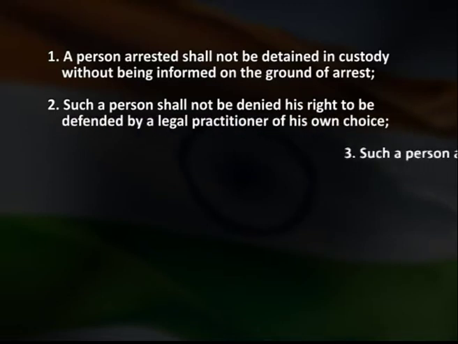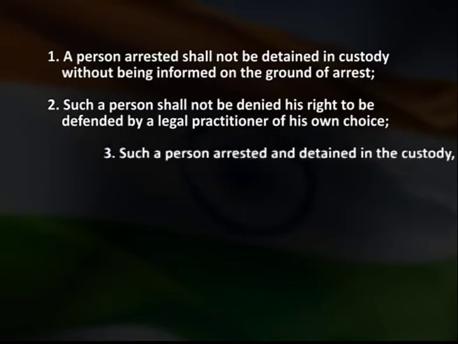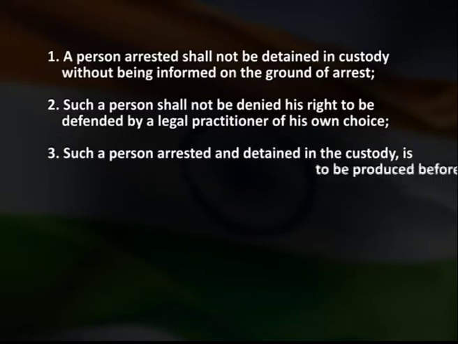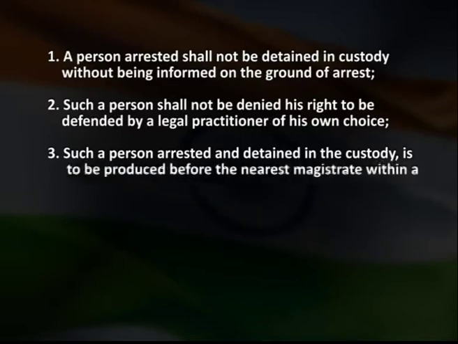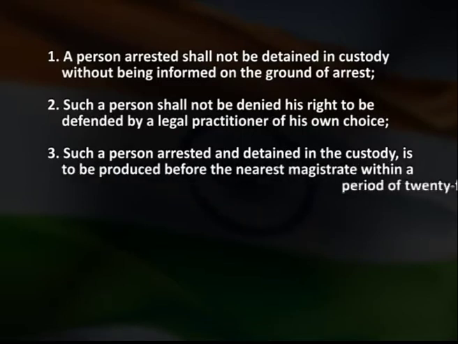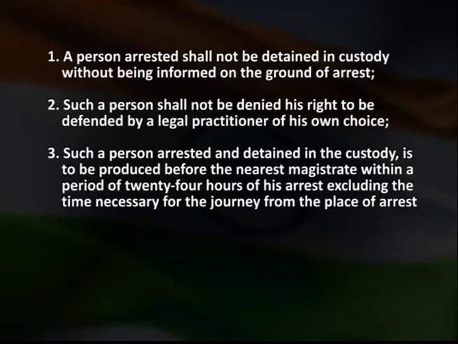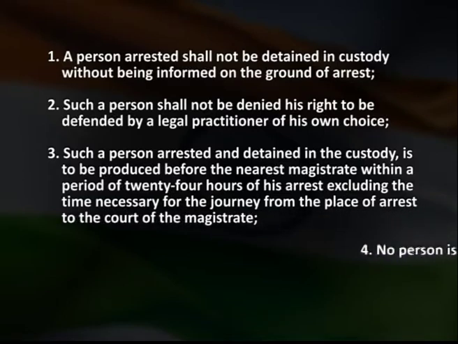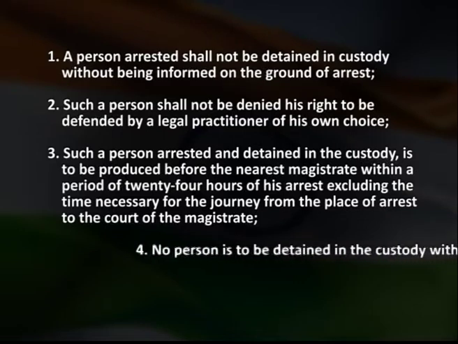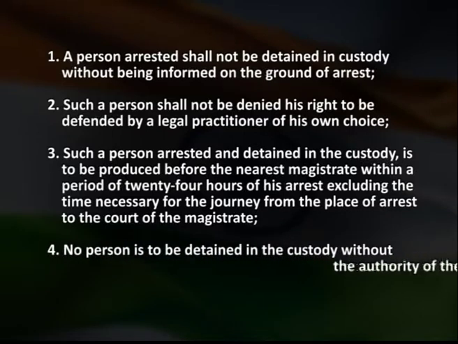Thirdly, such a person arrested and detained in custody is to be produced before the nearest magistrate within a period of 24 hours of his arrest, excluding the time necessary for the journey from the place of arrest to the court of the magistrate. The fourth aspect is that no person is to be detained in custody without the authority of the magistrate.